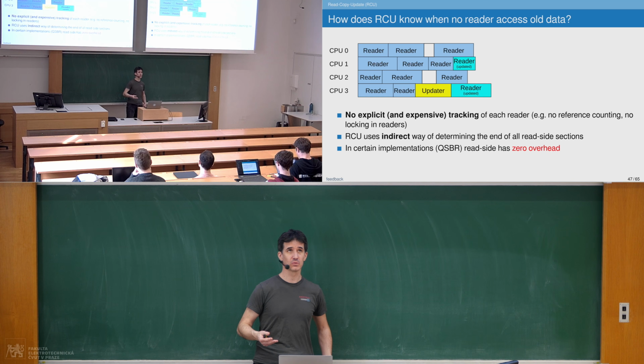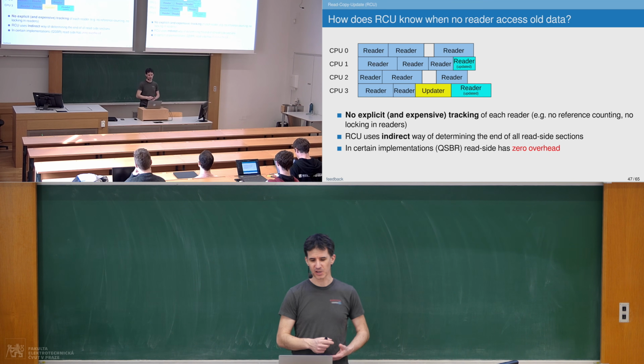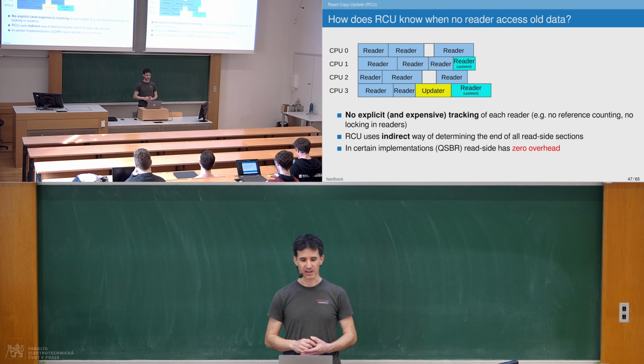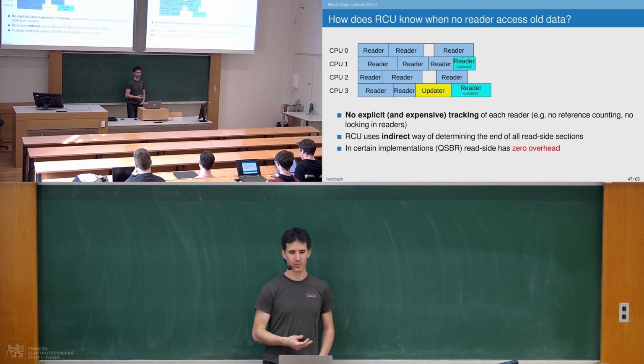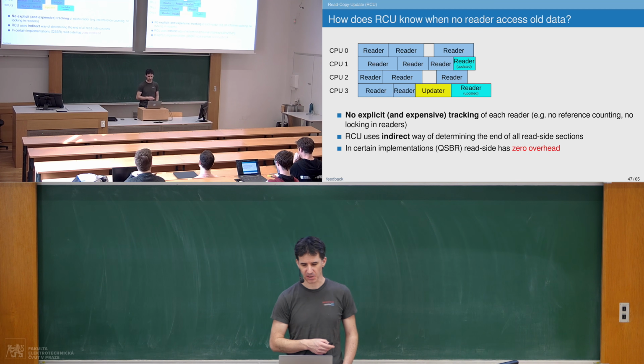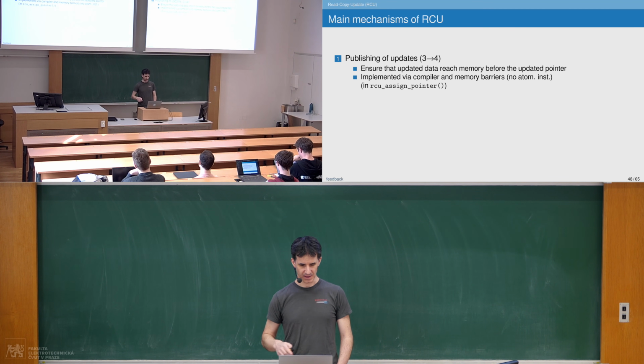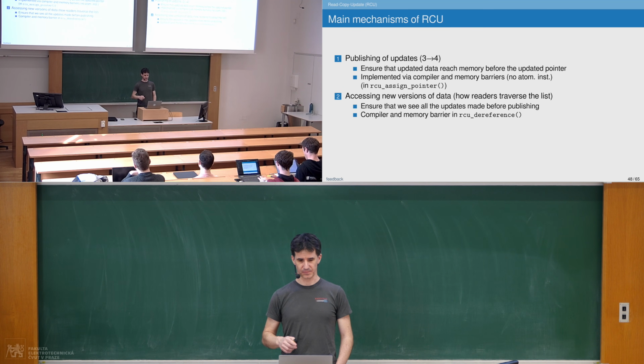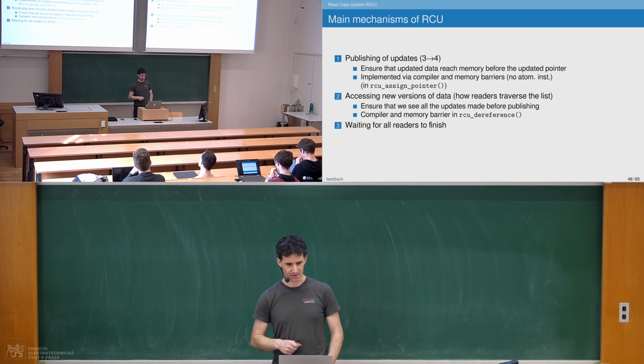If you don't want to modify your application to have that structure, there are other implementations which do not have zero overhead, but still have some reasonable overhead. There are still no atomic instructions at the reader side.